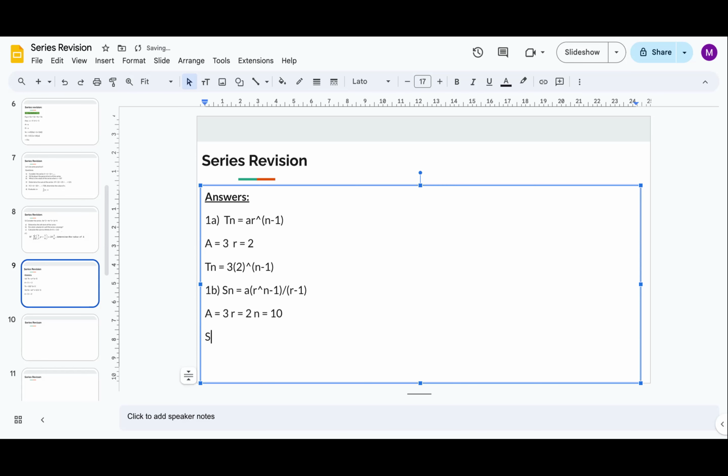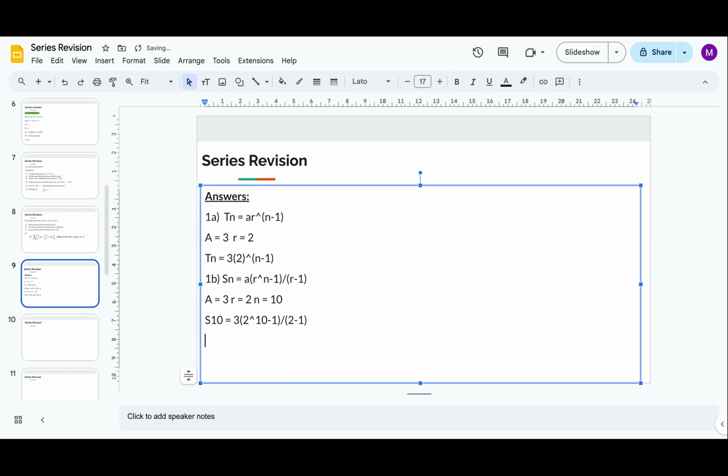So Sn, or S of 10, you can use any notation that you like, is equal to 3, open brackets, 2 to the power of 10, my N value, minus 1, over R minus 1, which is 2 minus 1, which is just 1. You quickly plug this into your calculator, and you should get that S of 10 is equal to 3069.